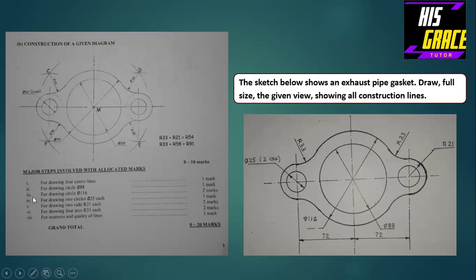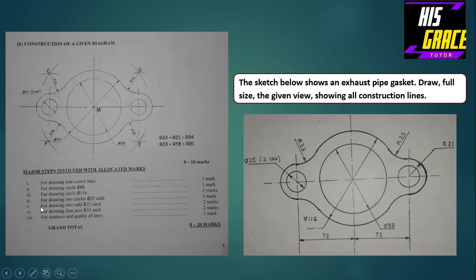And then for drawing 2 circles diameter 25 each, this inner circle and this inner circle, each with a diameter of 25 millimeters, 1 mark is awarded for drawing that.